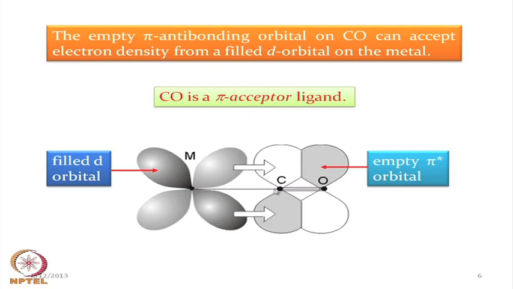So, now we will see how this interaction can have some direct effect on the crystal field strength or the ligand field strength of this particular ligand. That is why we are placing this carbon monoxide molecule towards the right end of the spectrochemical series, where we consider it as a very strong ligand compared to the other known ligands.